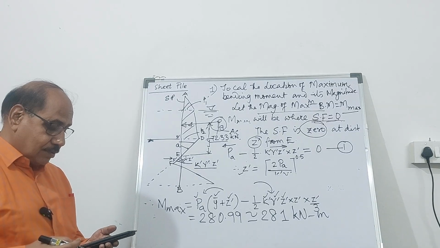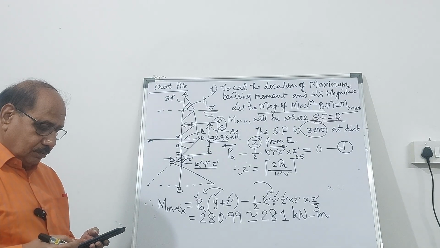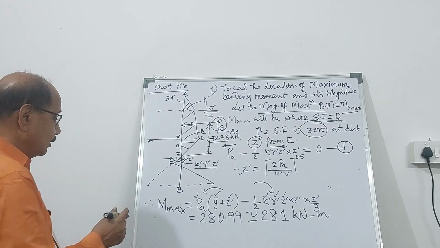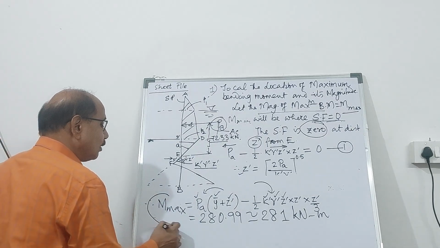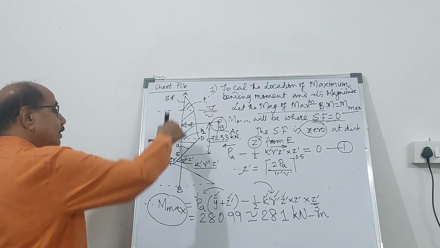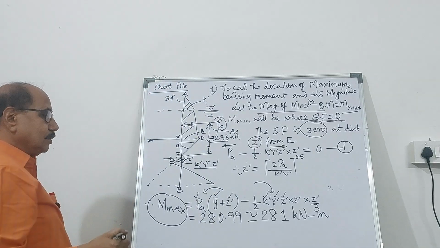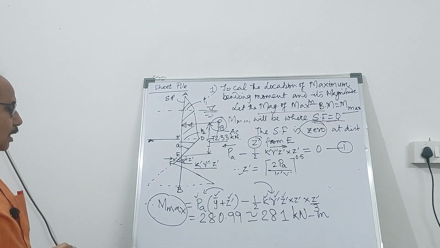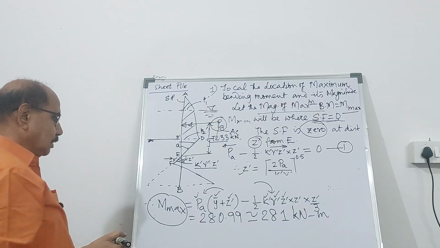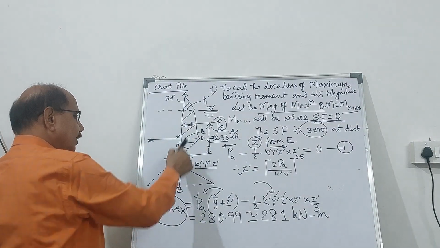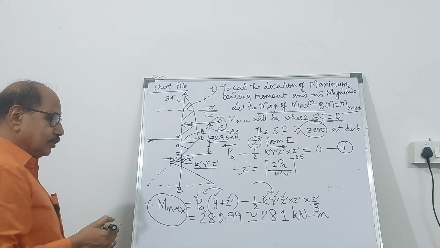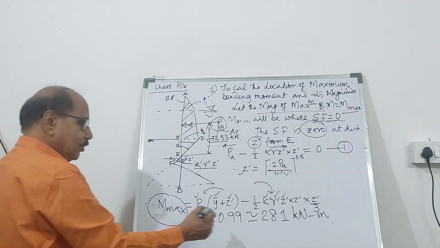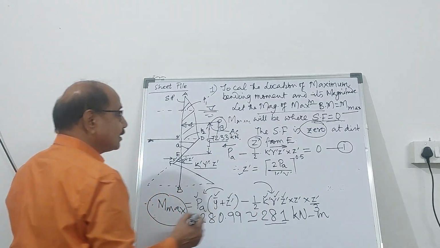So friends, it is very simple to calculate the maximum bending moment along the height of the sheet pile, cantilever sheet pile. So now you know that M max is known.